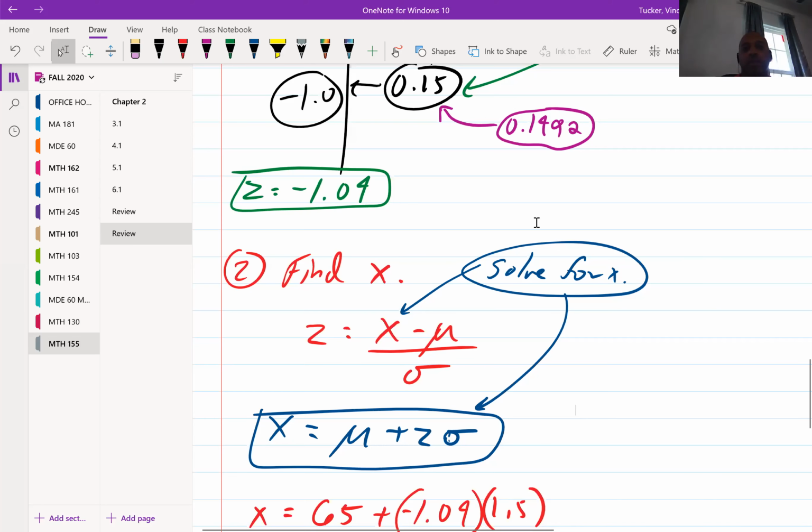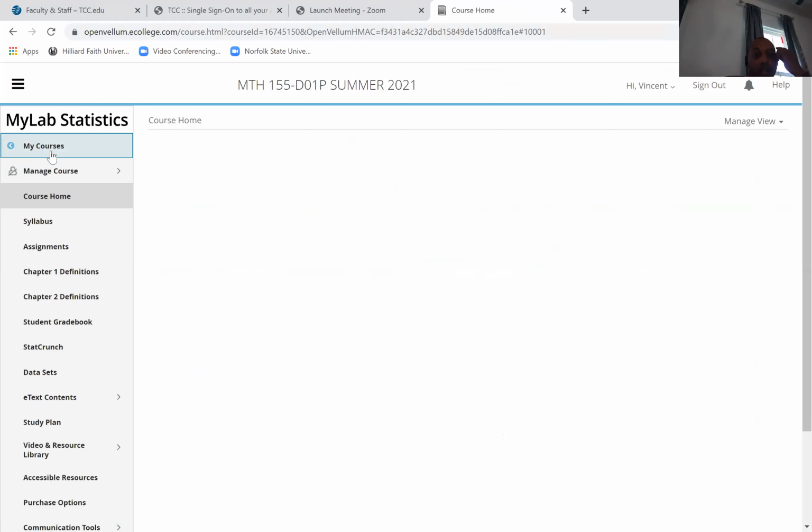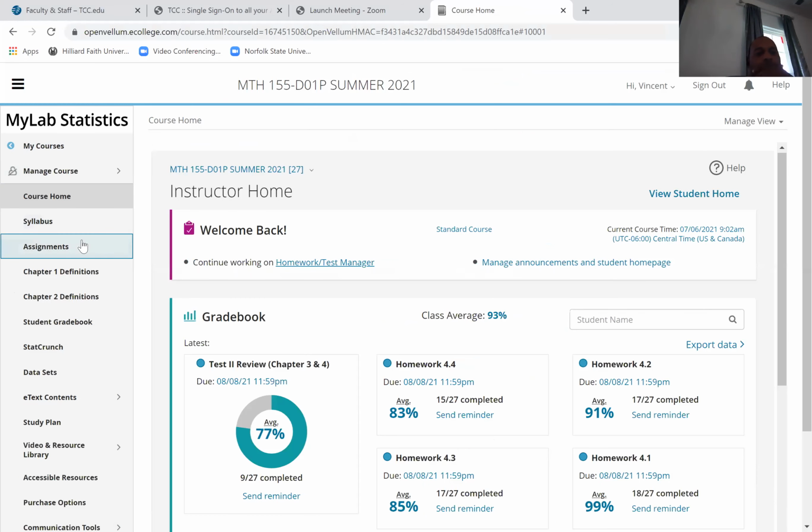Someone else had a question about the reviews, so that's a good segue. Assignment manager, then go to the main menu. There we go. So glad you asked that because I was going to go back here anyway. You guys got chapter 1, chapter 2 definitions. If you never turned those in, you do want to get those in because that's an easy 100. You don't want a 0 compared to 100 for no reason.